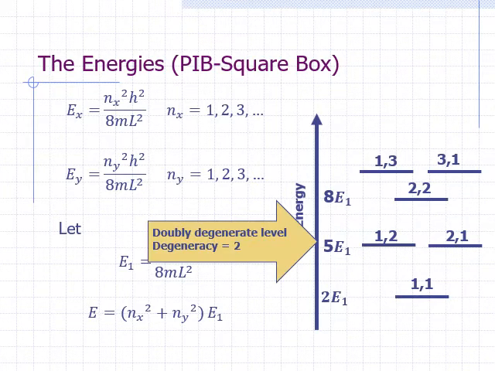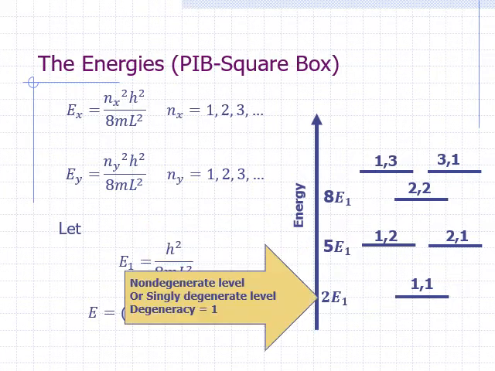We say that the first excited energy level is doubly degenerate, or that the degeneracy of this level is 2. What we mean when we say that the degeneracy of an energy level is 2 is that there are two possible quantum states that would have this energy. Going back to the ground energy level, we describe the level as non-degenerate or singly degenerate.